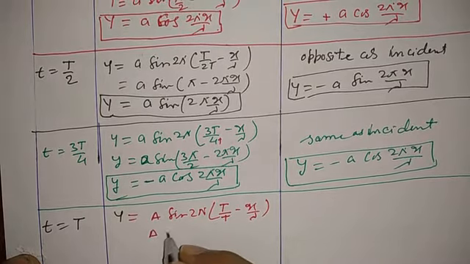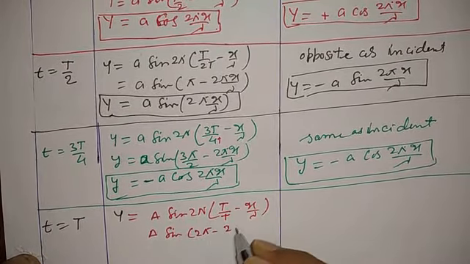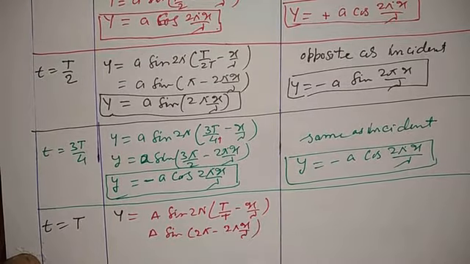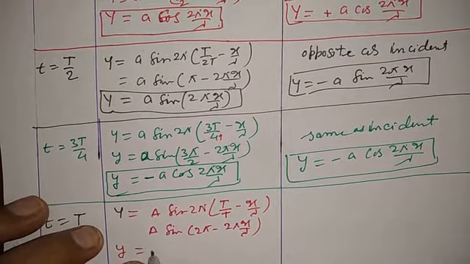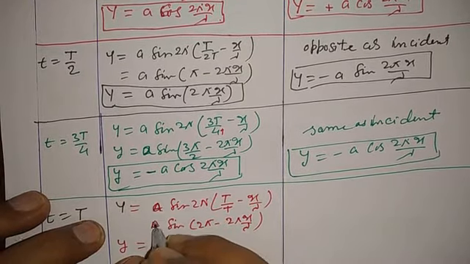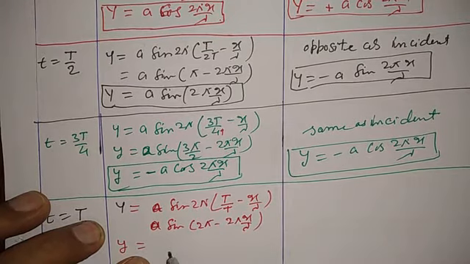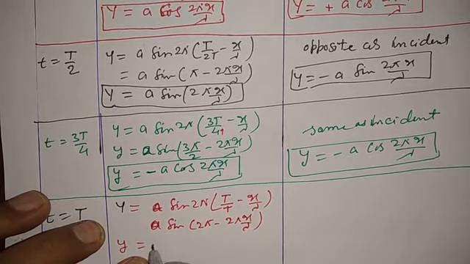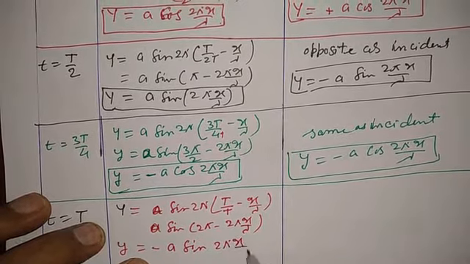So it becomes a sine 2 pi minus 2 pi x by lambda. So 2 pi minus theta is minus sine theta. So it becomes y is equal to minus a sine 2 pi x by lambda.